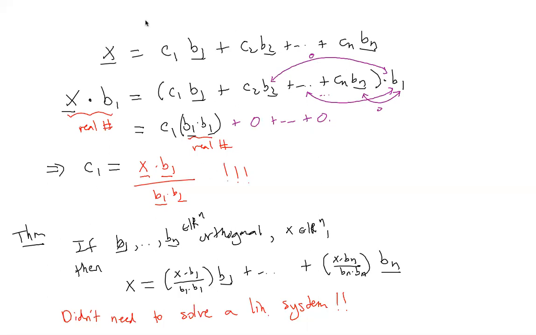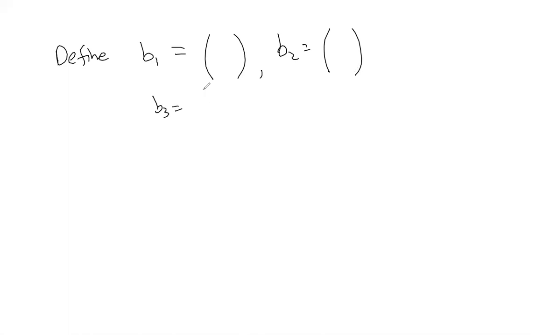Okay. Maybe we can do an actual example with some numbers. So let's define B1. Okay, now I need to come up with 3 orthogonal vectors, and some other vector.